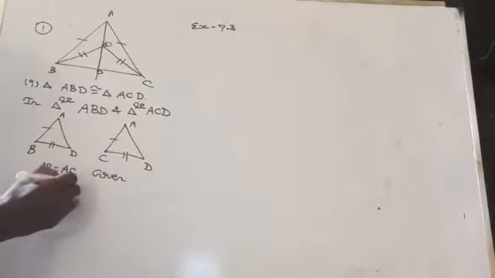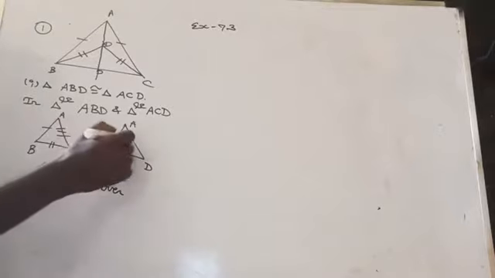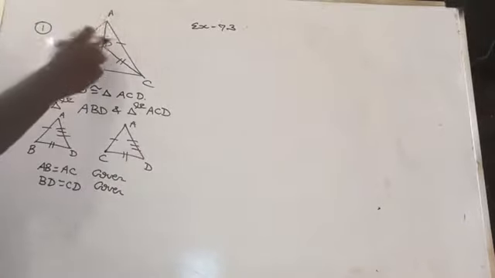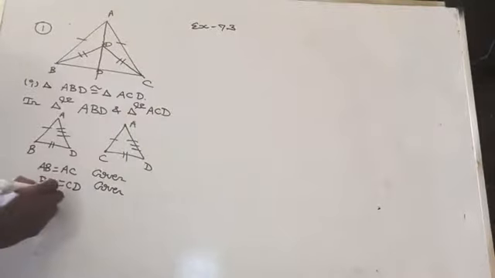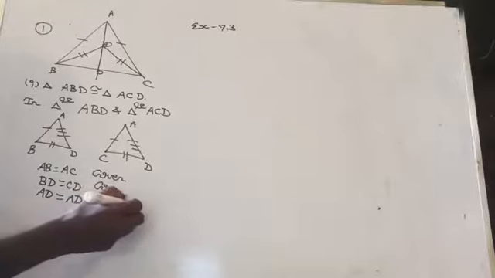In triangles ABD and ACD, AB equals AC, given. BD equals CD, given. And AD is a common side to both triangles.